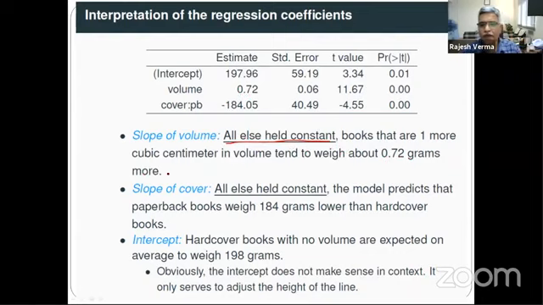That is, every 1 cubic centimeter increase in volume tends to increase the weight by 0.72 grams. And similarly, we interpret the slope of cover as: all else held constant, the model predicts that paperback covers weigh 184 grams lower than the hardcover books.